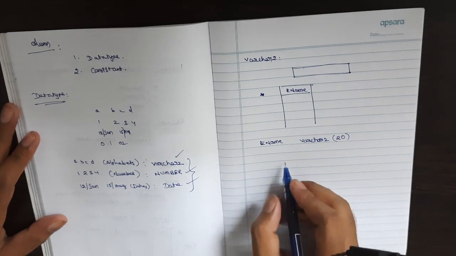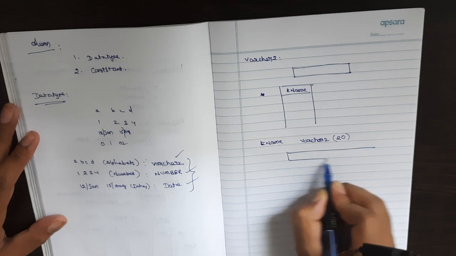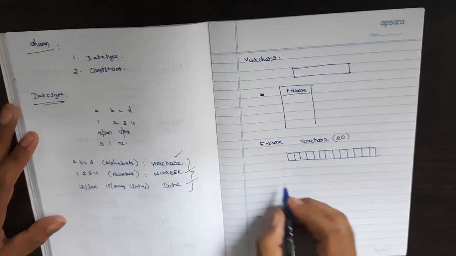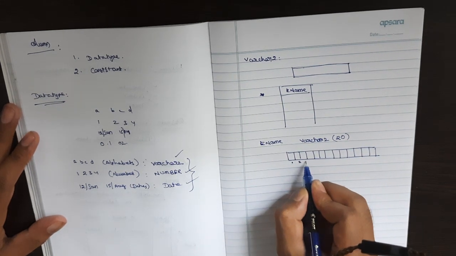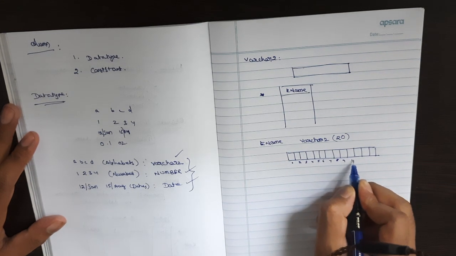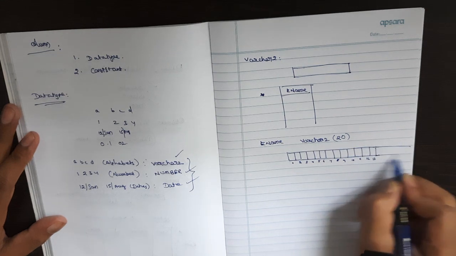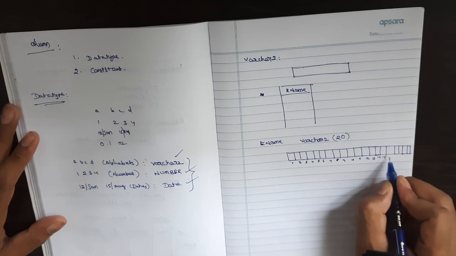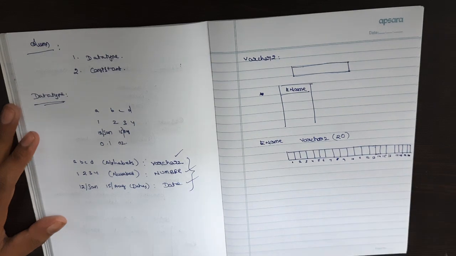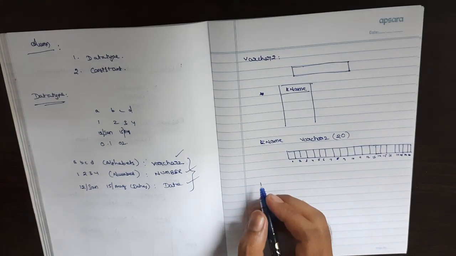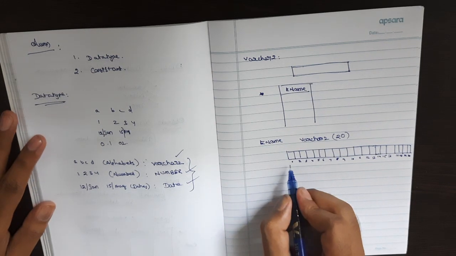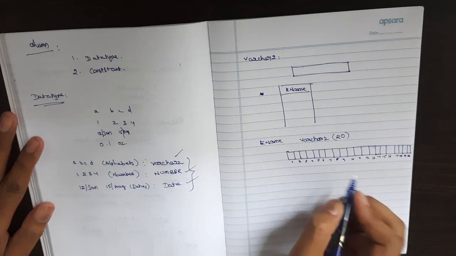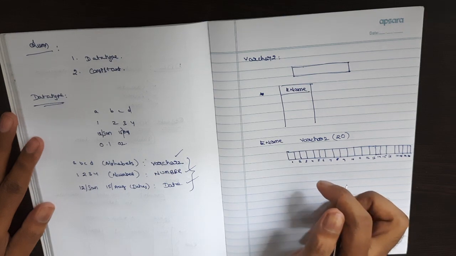Then it will give 20 blocks to ename for each and every record, 1 2 3 up to 20. Varchar2 is a data type which holds only alphabetic characters, which is called a string.